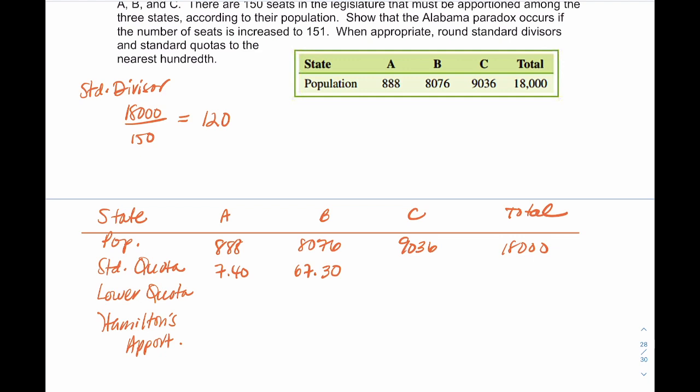And then 9,036 divided by 120 comes out to 75.30.